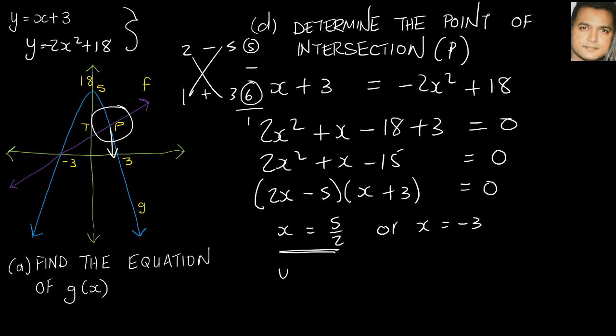So we'll say y is equal to, now remember the graphs are intersecting, so I can use either one of the graphs to substitute. I've got 5 over 2 plus 3, and that will be 5 over 2 plus 6 over 2, and that will give me 11 over 2. So that's my y value. So therefore the coordinate of P is actually 5 over 2 and 11 over 2.